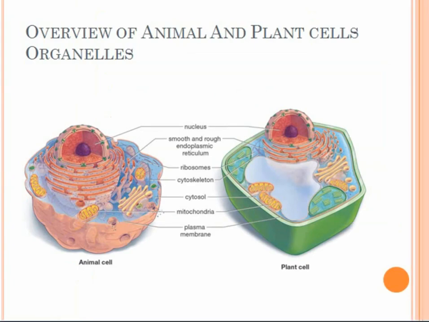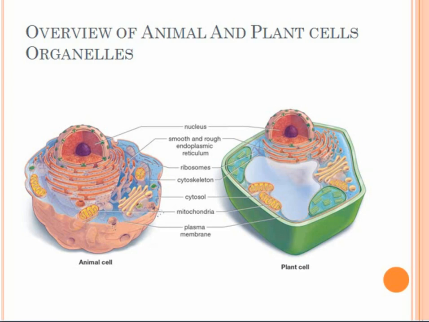Now, here is an image that tells you an overview of the organelles of both plant and animal cell. Both plant and animal cells have organelles, but they have some minor differences and some of them are not present in the other, which we are going to discuss further.